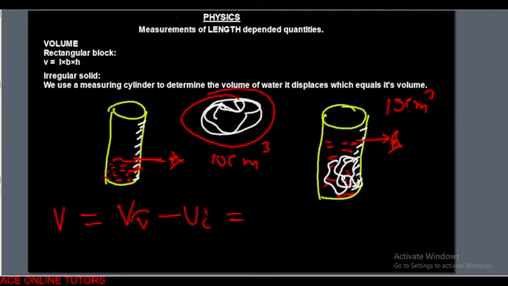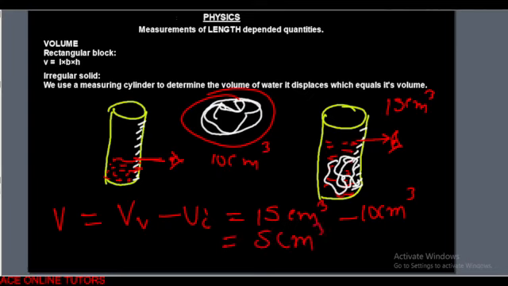That's the volume after we put in the irregular object, minus the volume before we put it in. So this will be 15 cm cube minus 10 cm cube, which gives us 5 cm cube as the volume of our object.